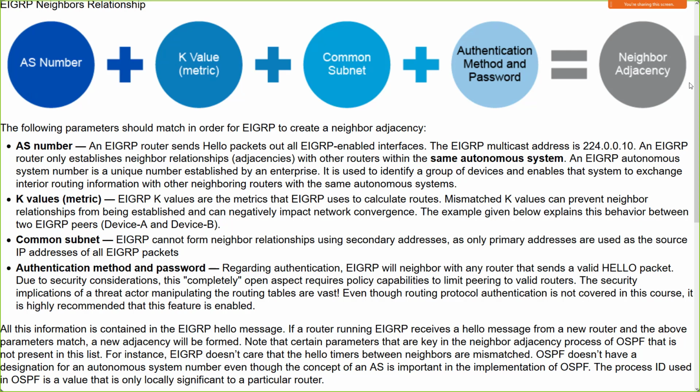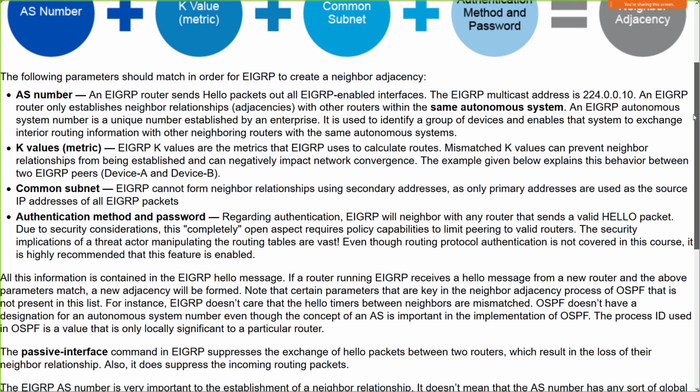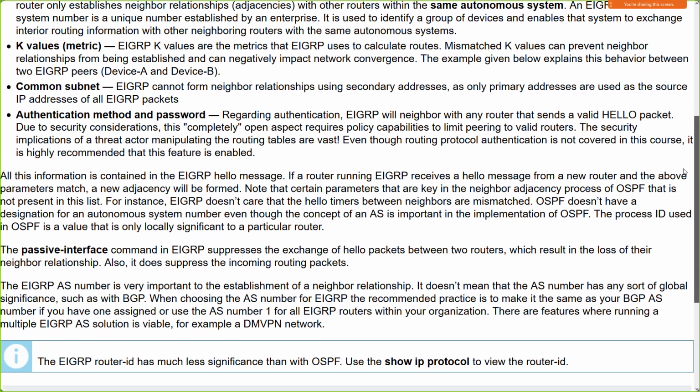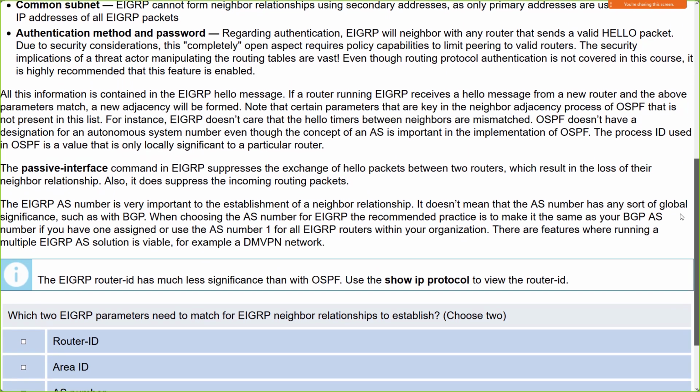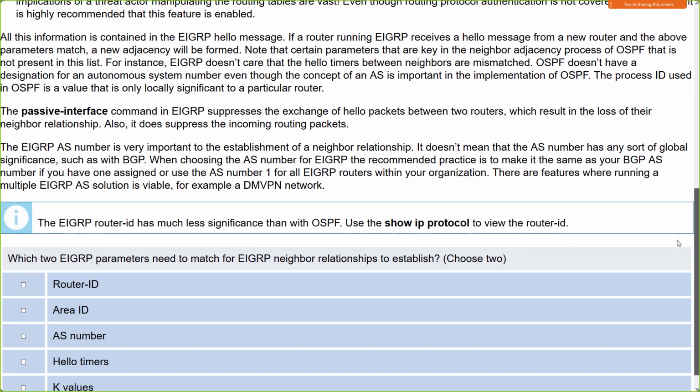A lot of times people will assume that the timers have to match, but those can be negotiated. They do mention here as well that passive interface is something that you have to consider, right? Passive interface is a way for us to suppress the protocol from running on a particular interface, even though it's part of the routing process.